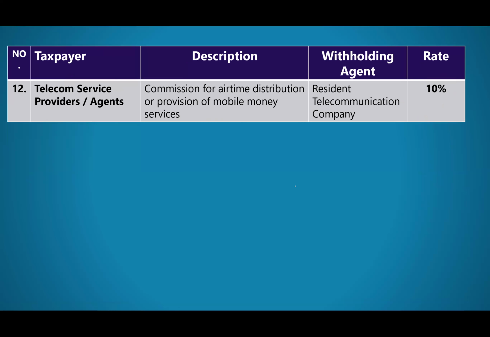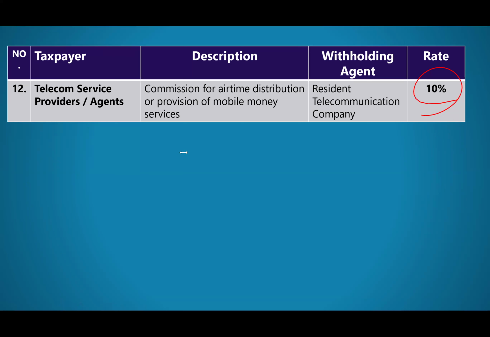Then we have these mobile money agents, distributors of airtime, payphones, and all that. Again, 10%. They earn a commission. These people who sell airtime earn a commission on the airtime. Mobile money, those transactions, before they are paid their commission, 10% withholding tax.